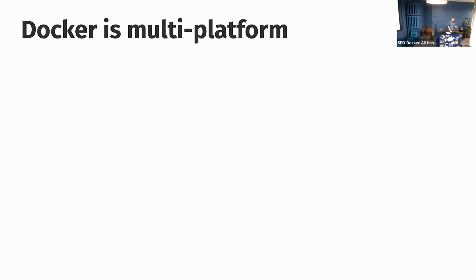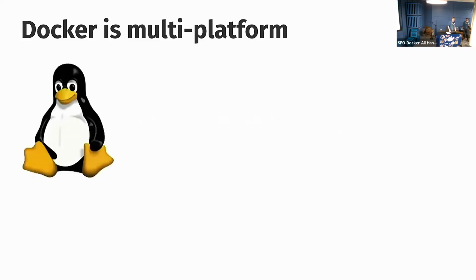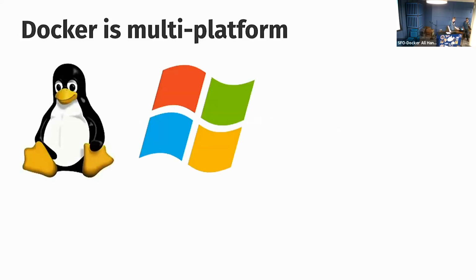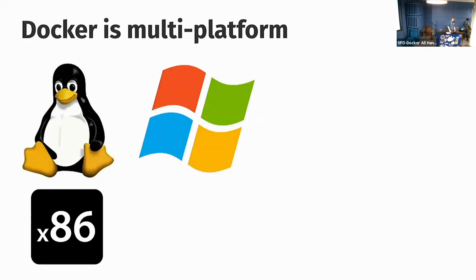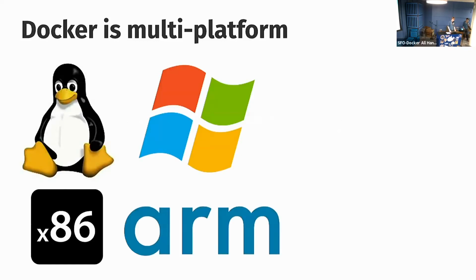And the first thing to note when approaching this is that Docker is multi-platform already. It started with Linux containers, and most people use Linux containers, but it also works on Windows, x86 of course, and great support for ARM as well. The way we add this support in Docker is not that we have an ARM version of Docker and then ARM images in a separate silo.